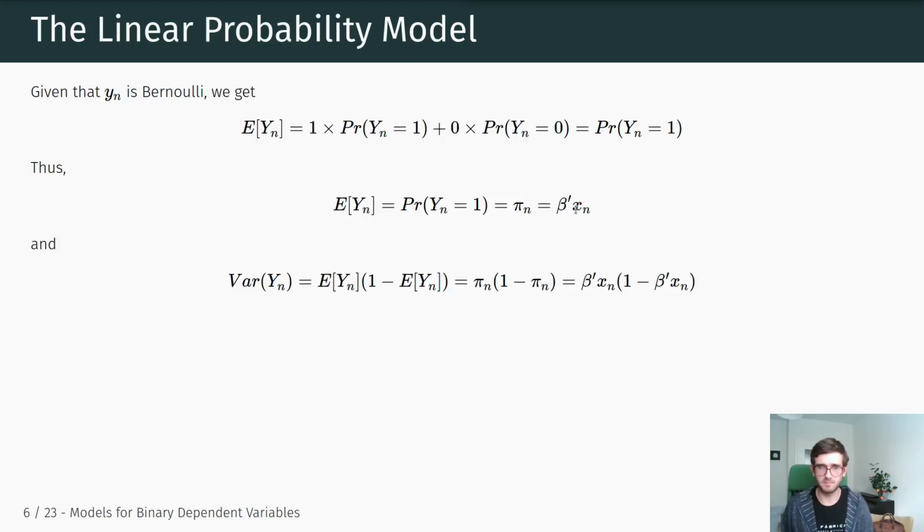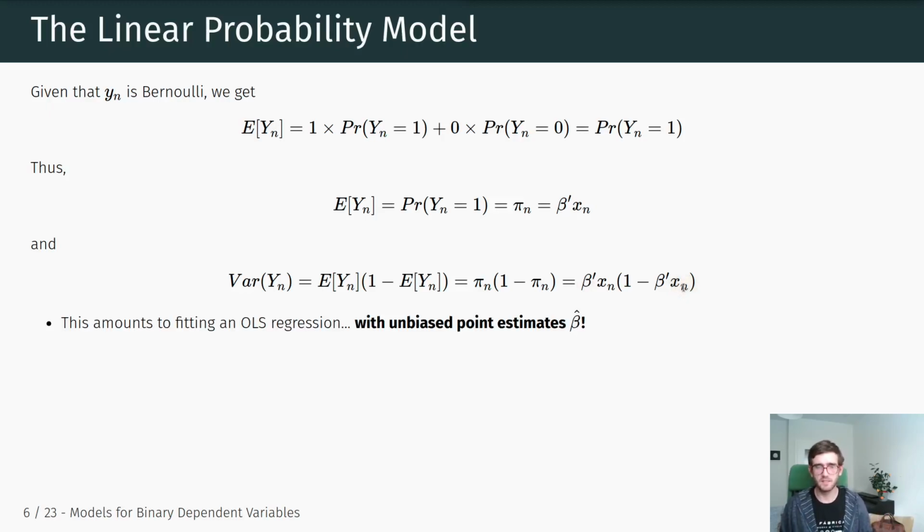We can also, of course, specify the variance of a simple Bernoulli random variable, plugging in our systematic component beta prime xn. We can simplify that, and the key point is that we can use OLS with binary outcome measures. We could go through all the assumptions to, for example, show unbiasedness. We've done this before without talking about dichotomous outcome measures.